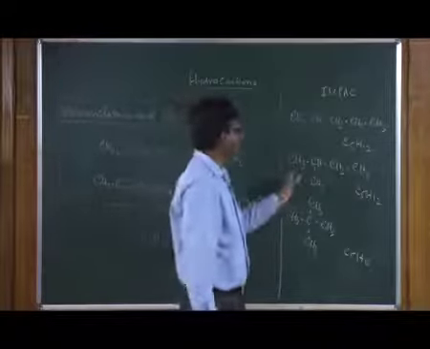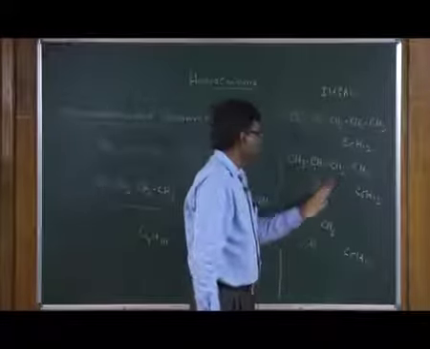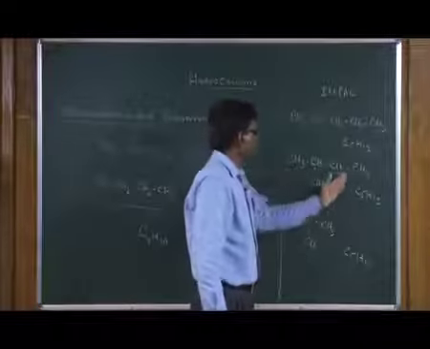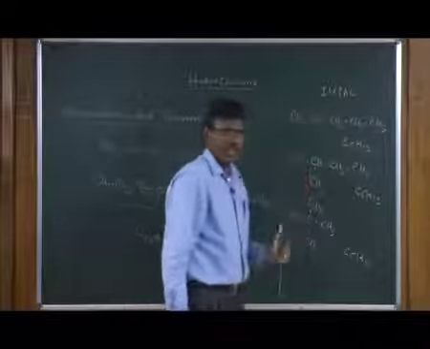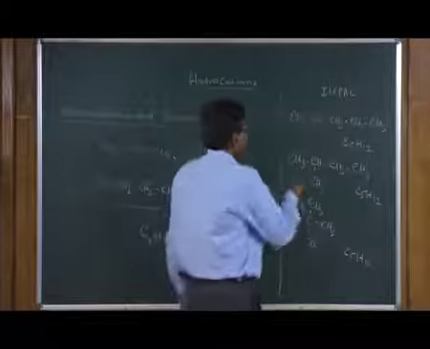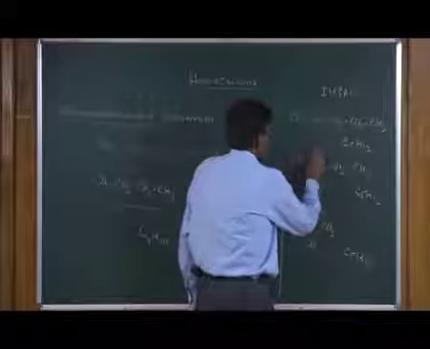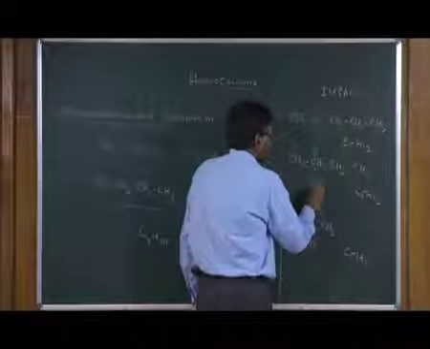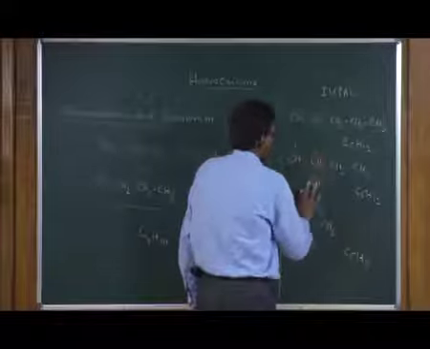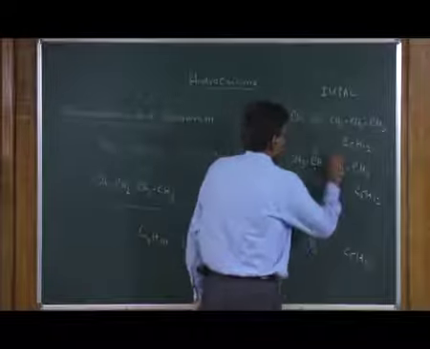When you go for a branched one, we have to find the longest chain in this molecule. There are 2 possibilities: 1, 2, 3, this is one chain, with 3 carbon atoms. The other possibility is 1, 2, 3, 4.